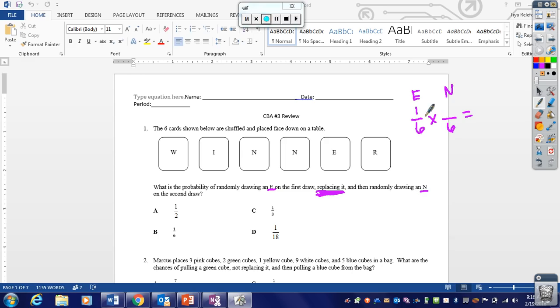So you are going to multiply top times top, bottom times bottom, and then you will have to simplify. So if you are ever not sure about simplifying, if you pick one of these answer choices, you can test to see if it's the same.